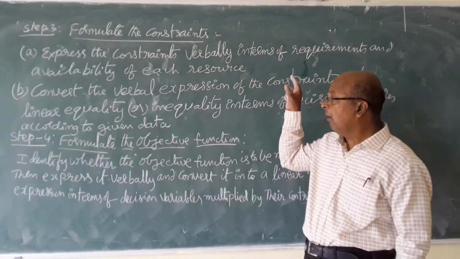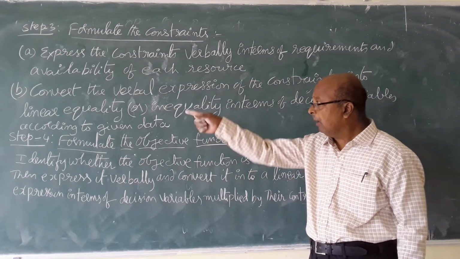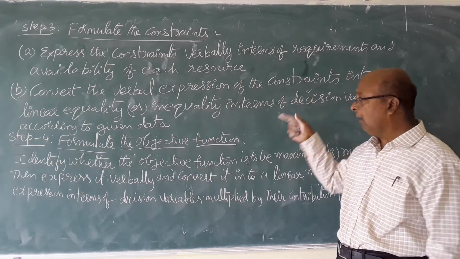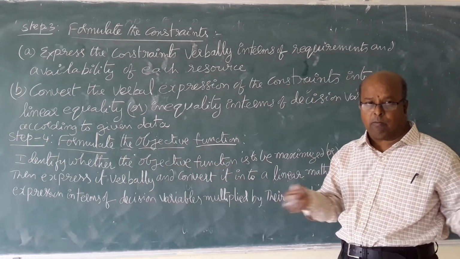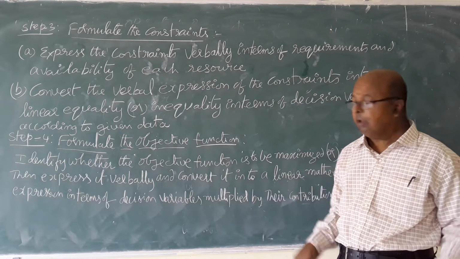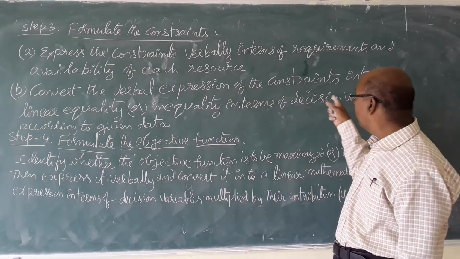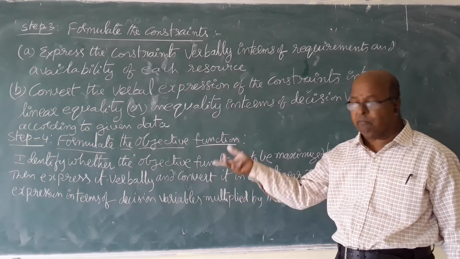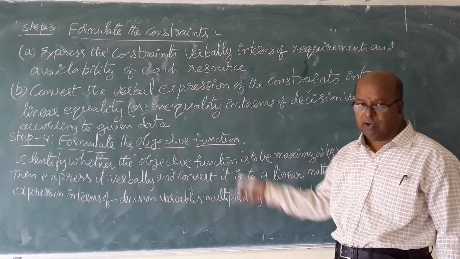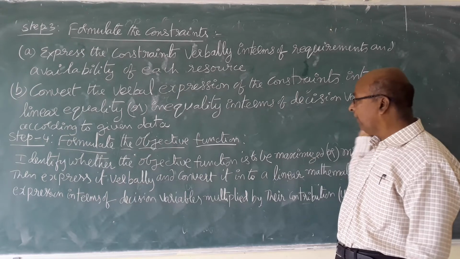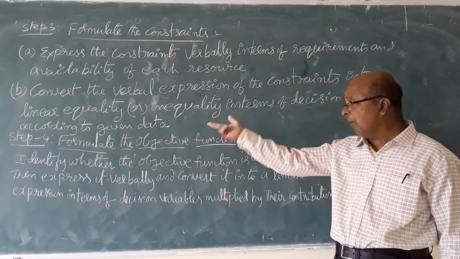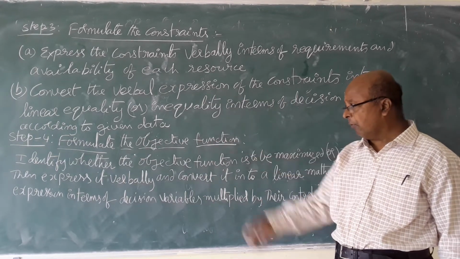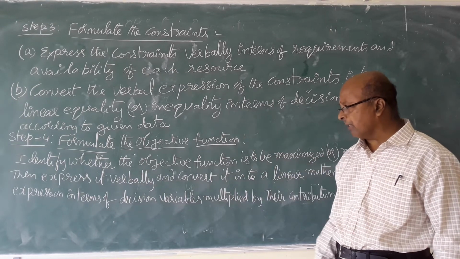Observe and form the constraints. Convert the verbal expression, verbal meaning words, sentence way, of the constraints into linear equality or inequality, in symbolic form, in terms of decision variables according to the given data. Step 4. Formulate the objective function.